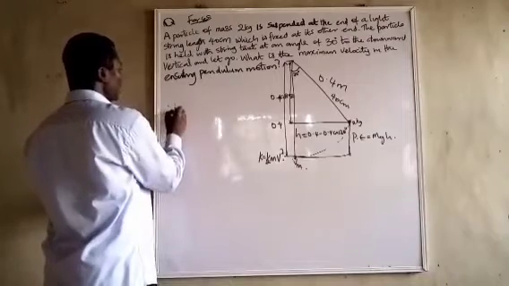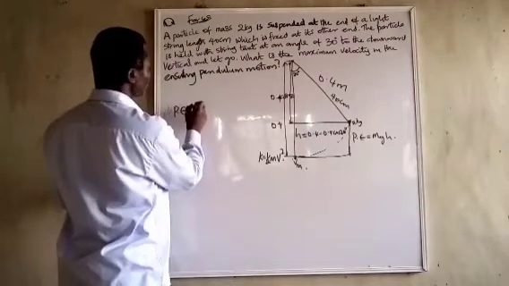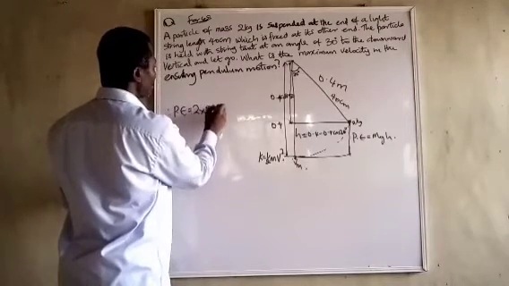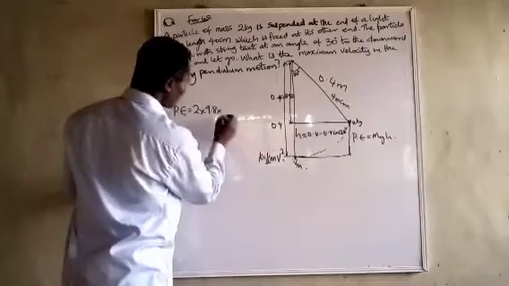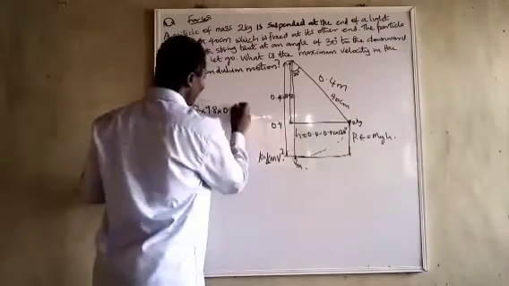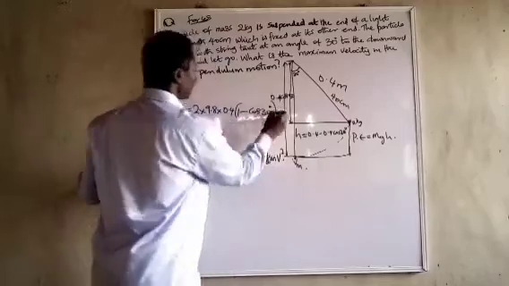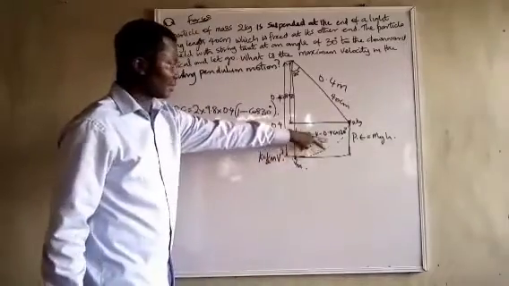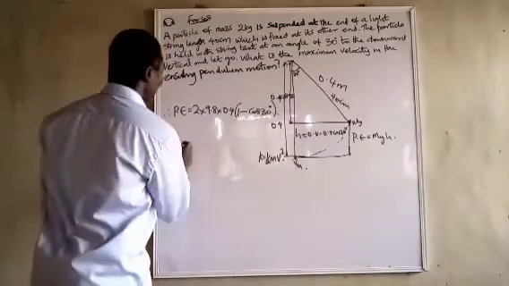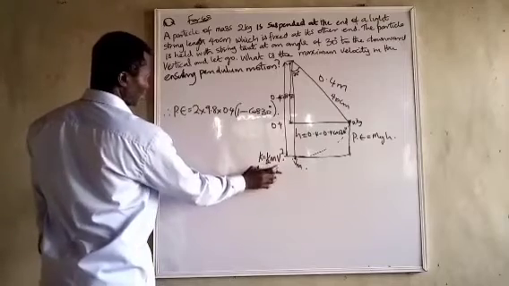Therefore, PE is equal to 2 times 9.8 times 0.4 into 1 minus cos 30 degrees. This place, that is our h.